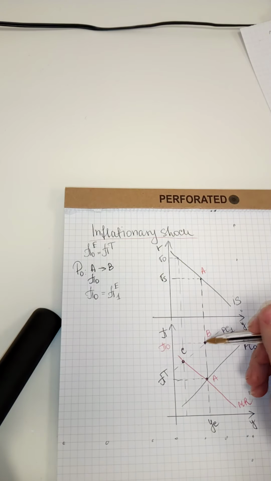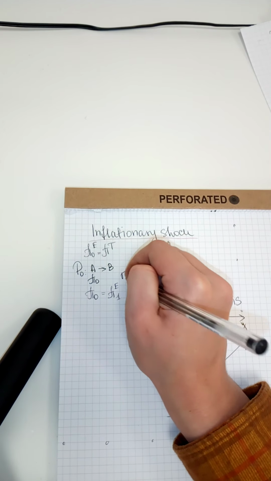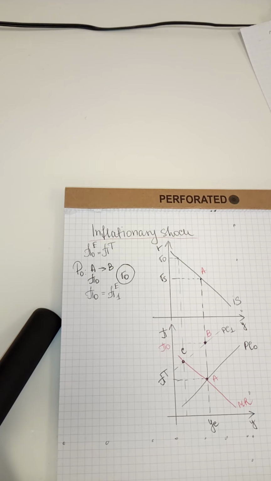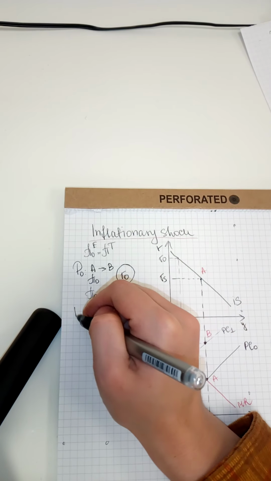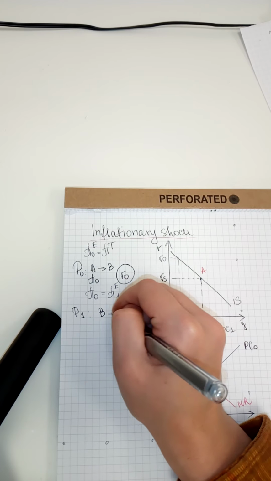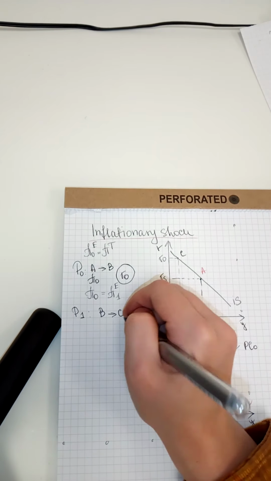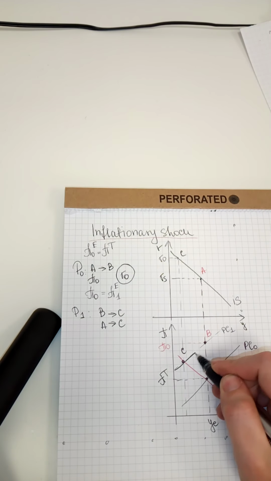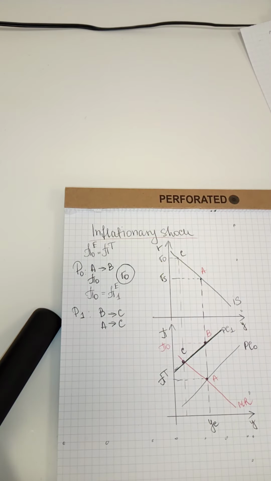We end up with a higher level of inflation, pi 0, and we end up with R0 charged by the central bank in period 0 for the sake of being located at this point in period 1. Let's analyze what's going to happen in period 1. In period 1, we actually move from B to C and from A to C. So now it's not a hypothetical predicted Phillips curve, it's just the Phillips curve.